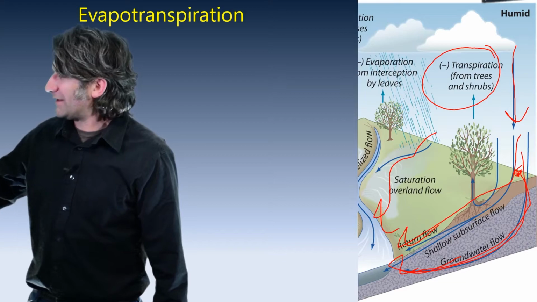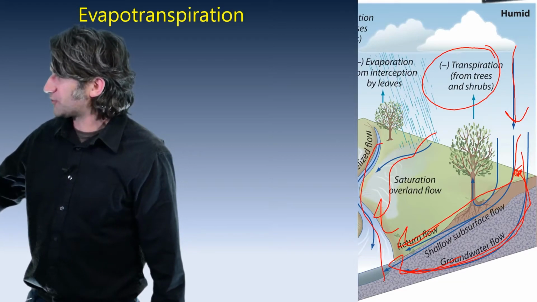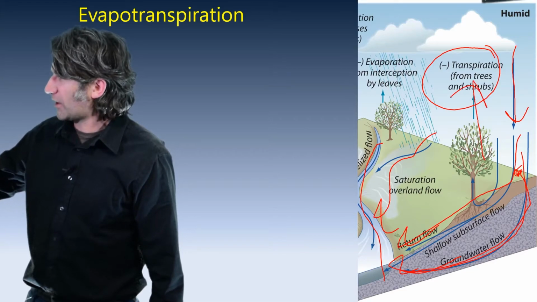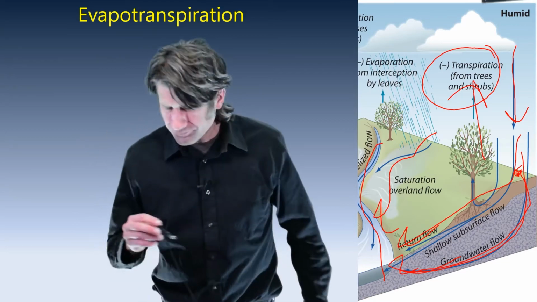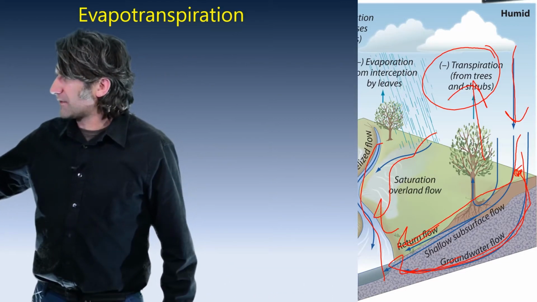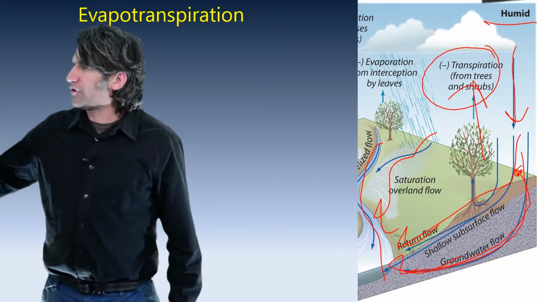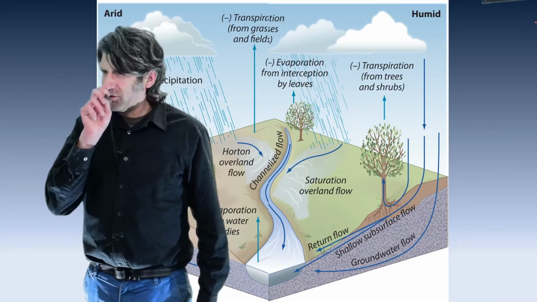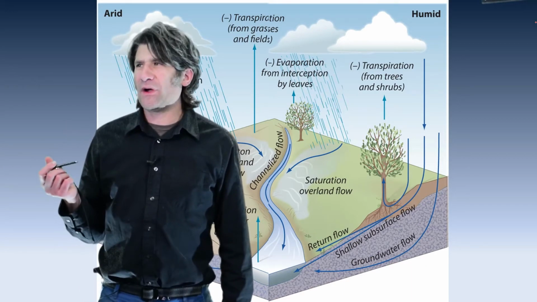And then what doesn't end up in river channels is that evapotranspiration, water that's transpired off trees or evaporated off the surface. I'm showing you the humid example first. As we move forward, we can think about how this differs between a dry region and a wet region.